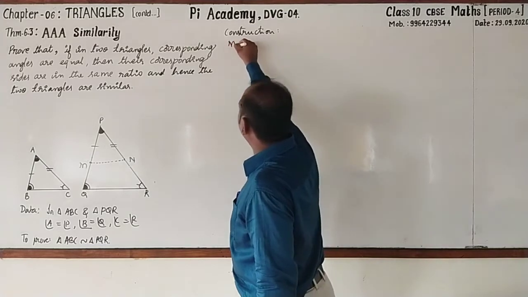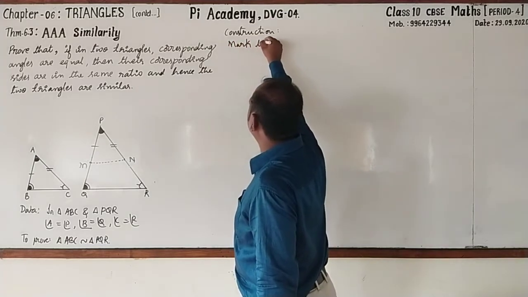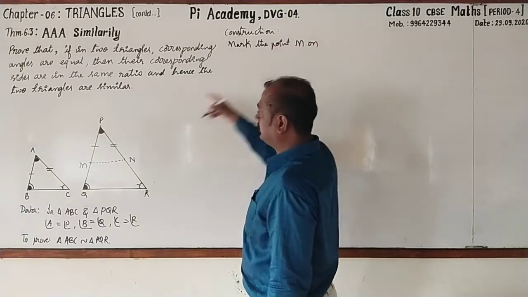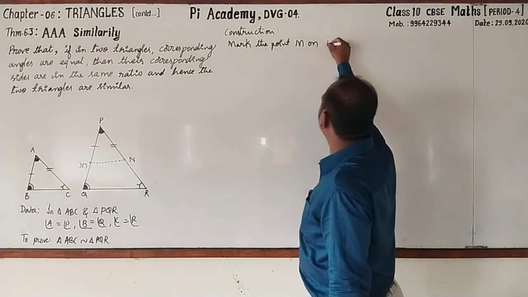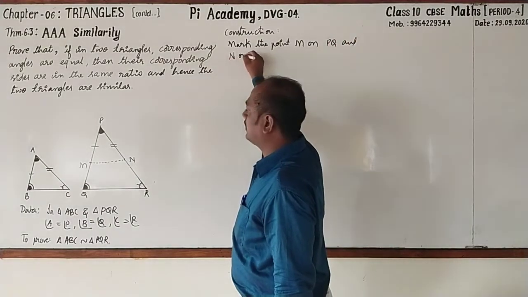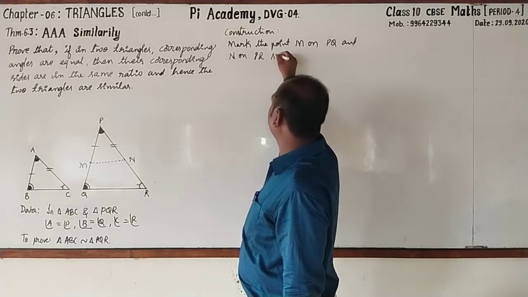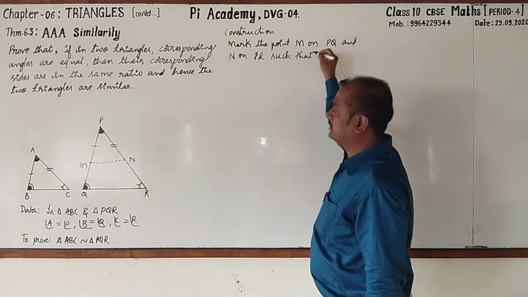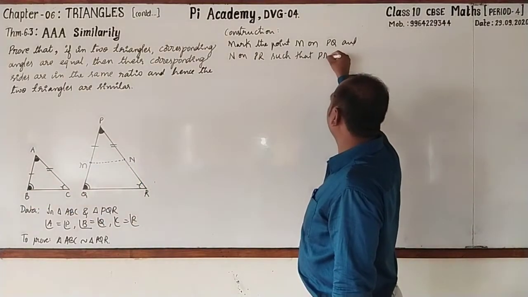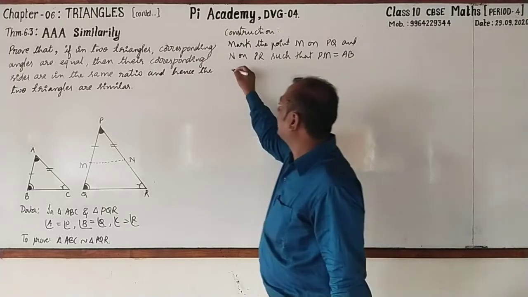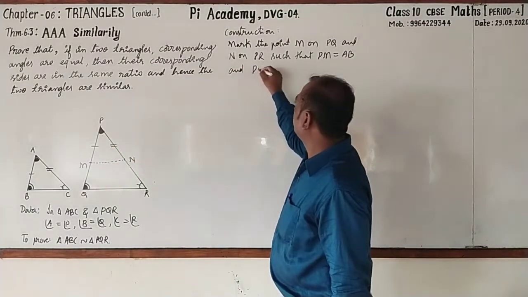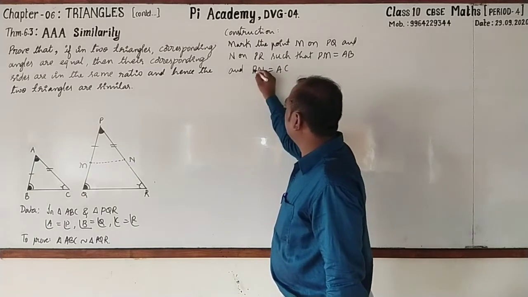This is construction: mark the point M on PQ and N on PR such that PM equal to AB, and PN equal to AC.